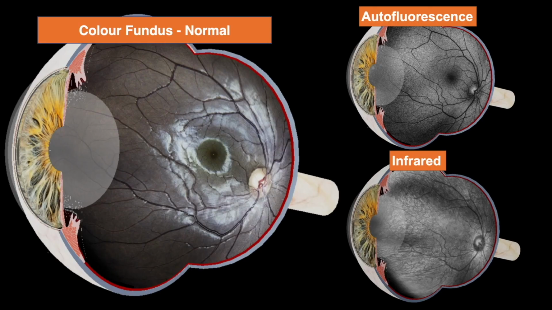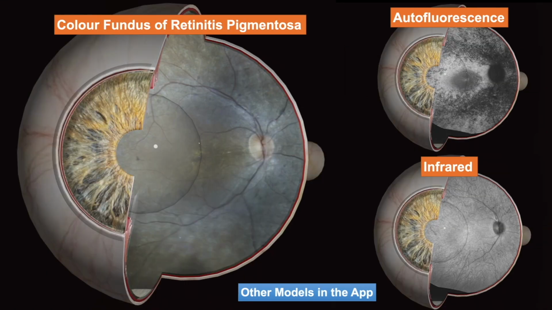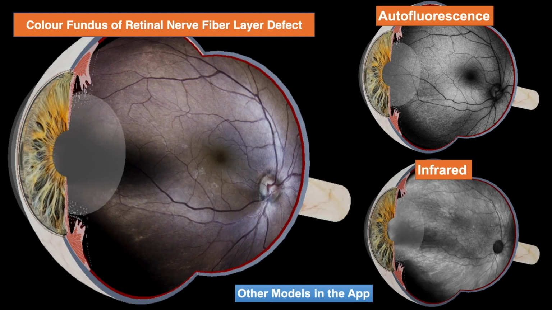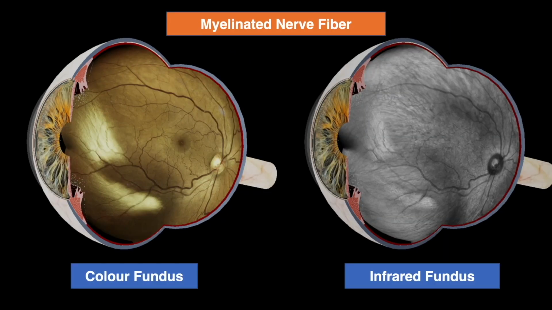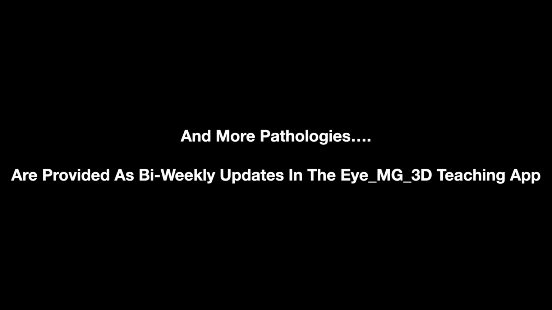Not only normal 3D models, but pathology models such as flecked retina, neovascularization elsewhere, retinitis pigmentosa, glaucomatous nerve fiber layer defects, myelinated nerve fiber, splinter hemorrhages, and more are provided as bi-weekly updates in the IMG3D teaching app with multimodal images for the users to learn and teach.